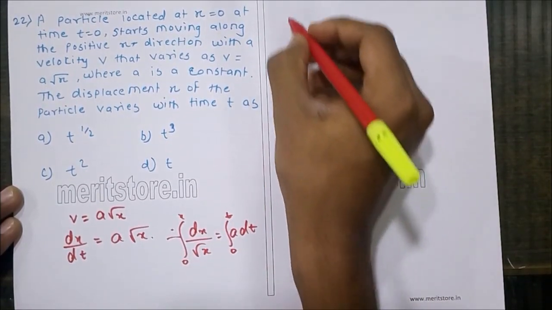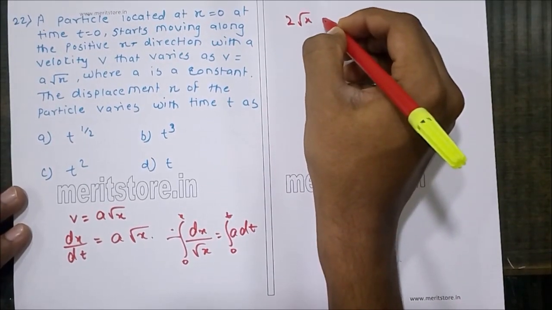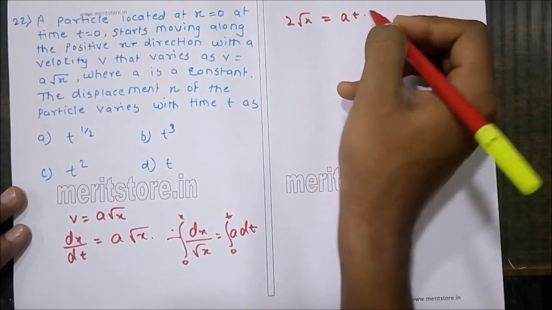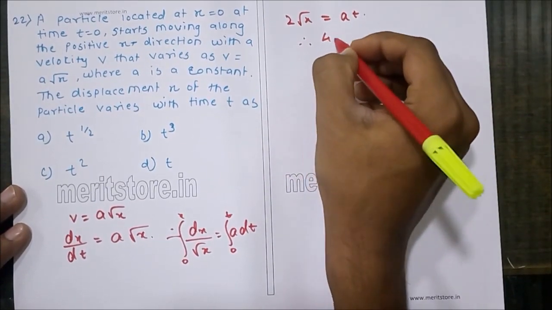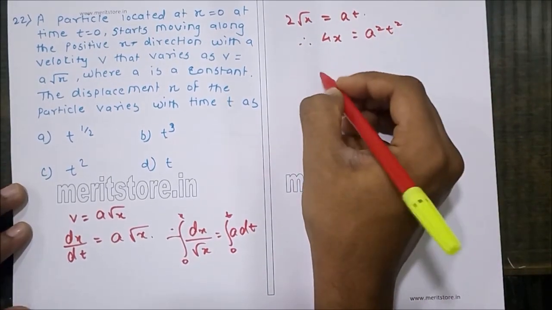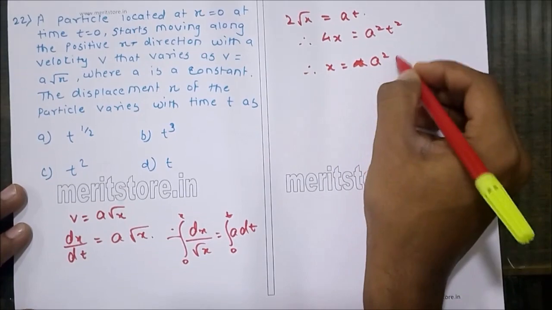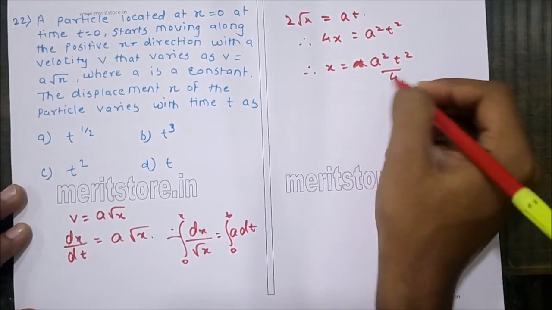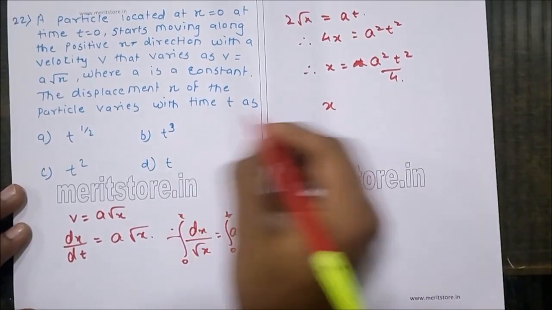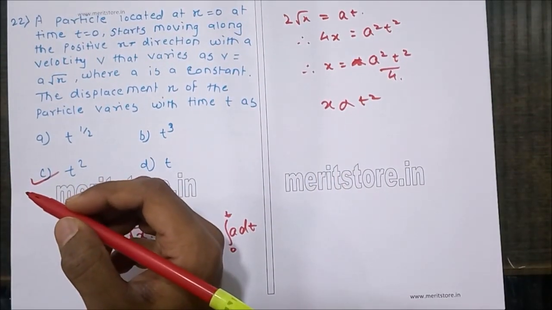What we get is 2 root x is equal to at. Therefore squaring both sides we get 4x is equal to a square t square. Therefore x is equal to a square t square by 4. Therefore x is proportional to t square. Hence option C is the correct answer.